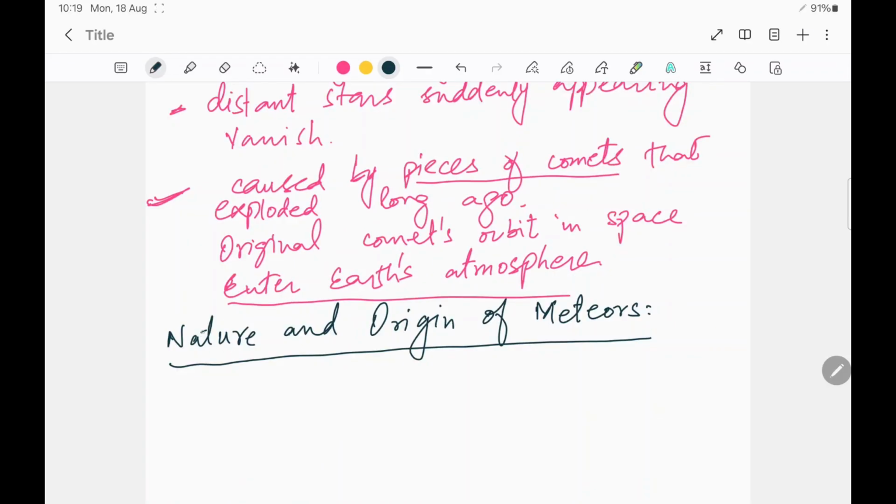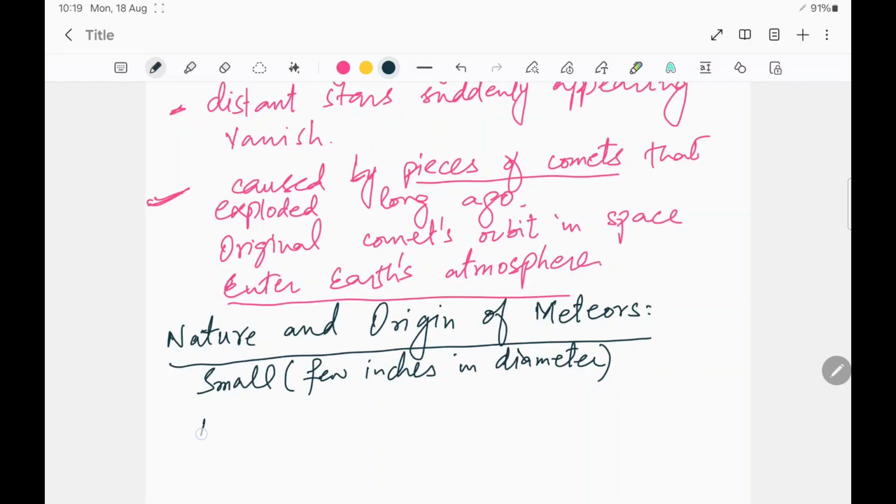Well, dear students, as I've already explained, these are the pieces of comets, and let's see what is their composition. So mostly they are very small, especially when they come into the Earth's atmosphere. And how small? Just a few inches in diameter. And how do they behave in atmosphere?